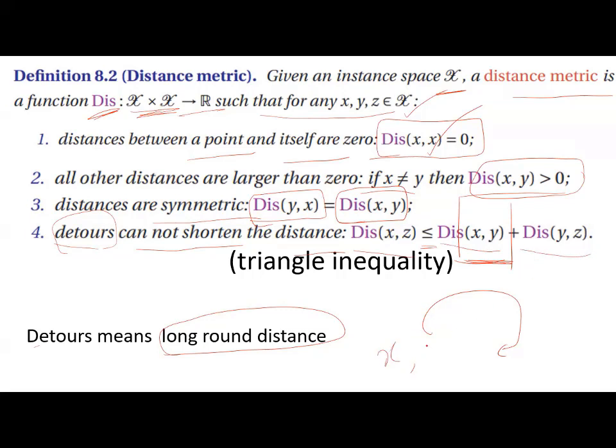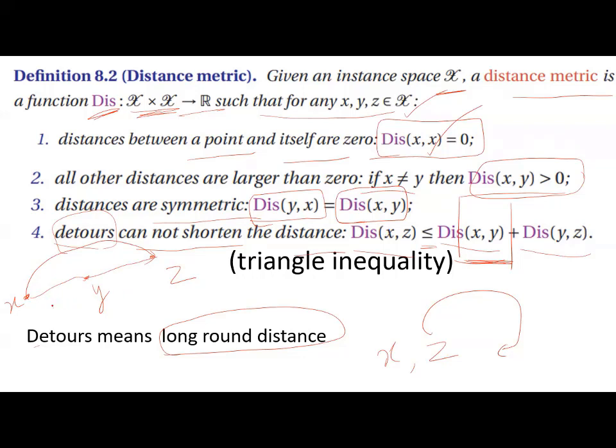Now dis of x comma z is less than or equal to dis of x comma y plus dis of y comma z. Suppose you have points x and z, and another point y. So we can definitely say dis of x comma z is less than or equal to dis of x comma y plus dis of y comma z.